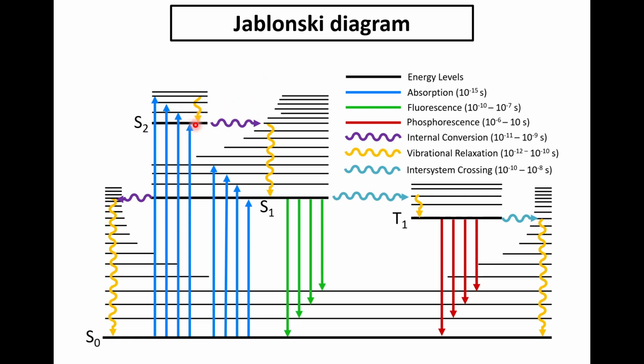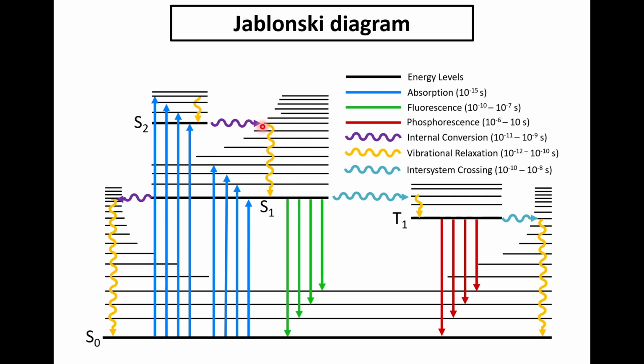Now what it can do is directly come back to the S naught state by just emitting this heat or radiative energy, or it can do an internal conversion from this S2 vibrational energy state to an S1 energy state.